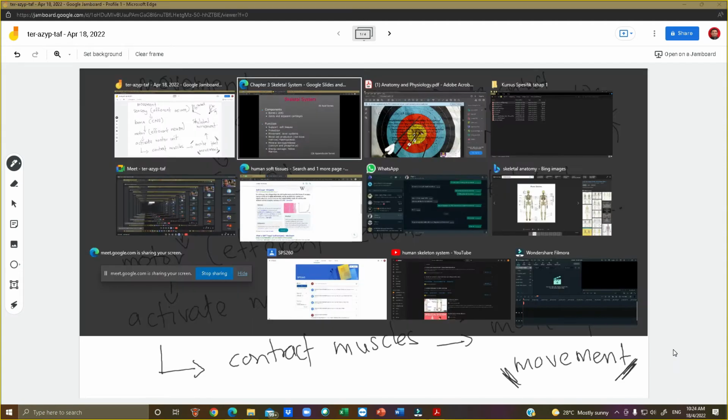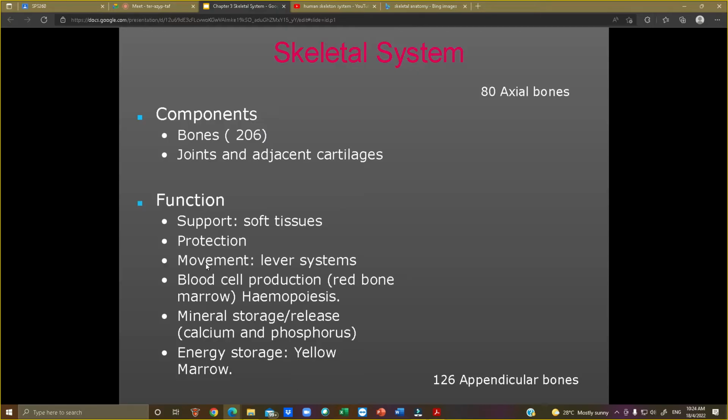That is which skeletal function? 3. Okay. And next one we have production of blood. Red bone marrow. Okay, blood cell production. Afterwards, we have storage, especially the storage of calcium and phosphorus on the surface of the bone.